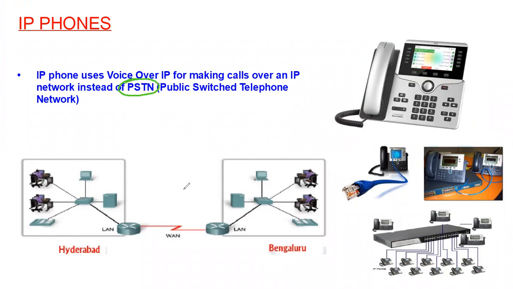For transmitting the data, it is known as IP network. Whatever networks we have discussed, like LAN, MAN, WAN, they are IP networks, used for transmitting the data only. So for transmitting the data, IP network; for calling, PSTN. Now, as the technology has improved, we can even make the call over the IP network.